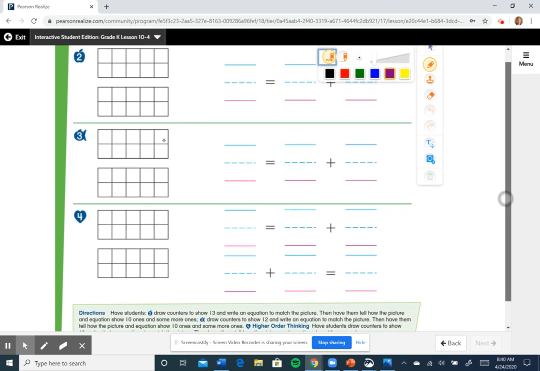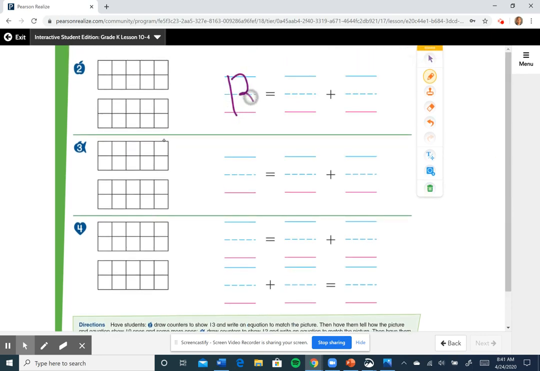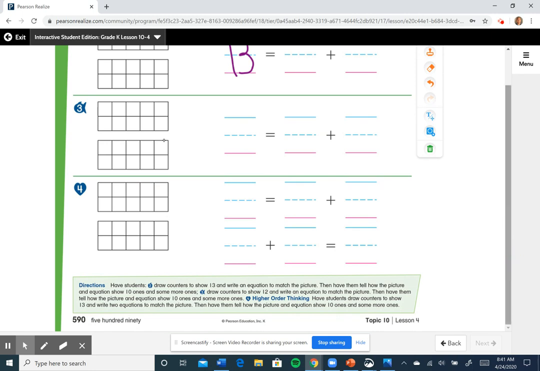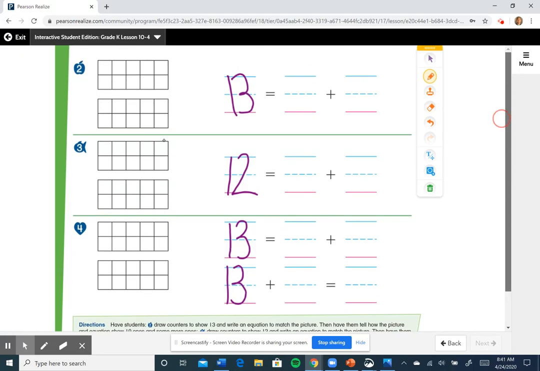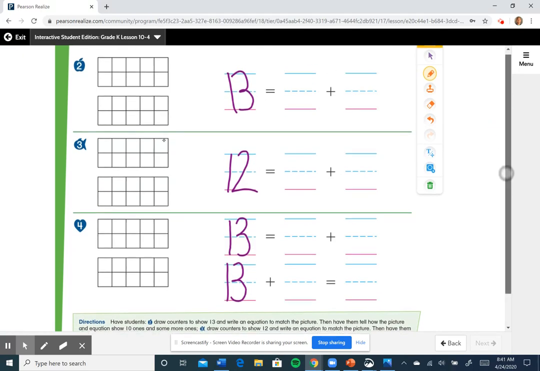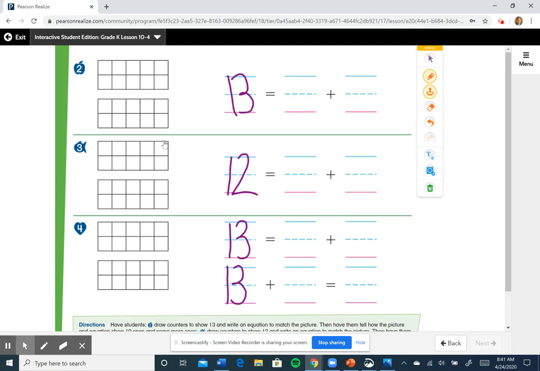Now we need to have this equals 13. This one is 12. And this one is 13 again. Remember, this is 10 plus some ones again. So we always need to have 10 as one of our numbers in the equation.